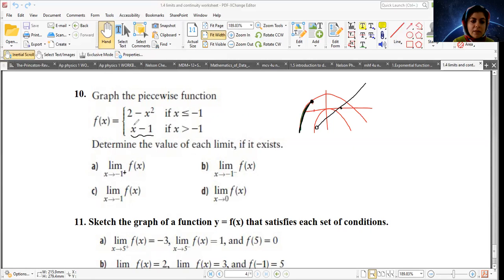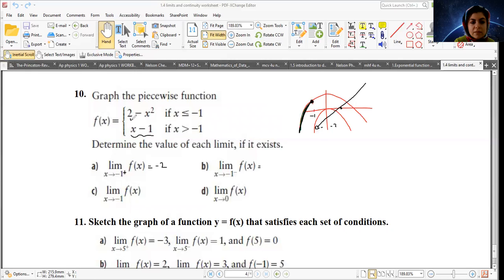So if you put -1 here, -1 minus 1 is -2. As you see, you have to look at -1 here. Either it's going to be -2 from the graph, and I want you to do it from just the piecewise function. So positive, okay, from -1, from lower value of negative.